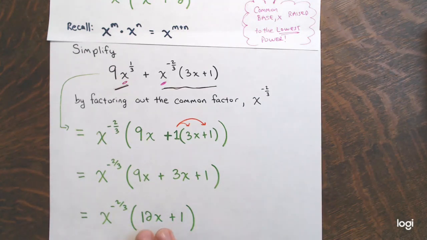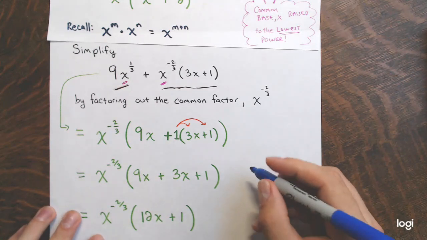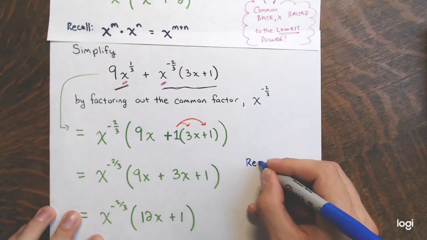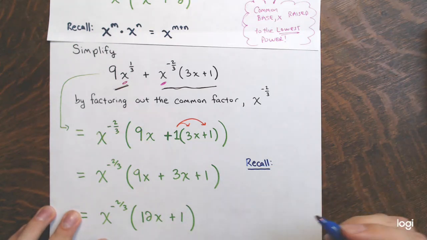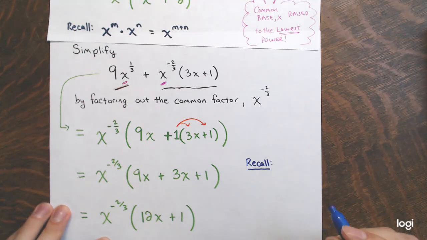I like this, but again though, in most intermediate or beginning algebra texts, when you're asked to simplify an expression with exponents, they're going to want you to rewrite things so that there's no negative exponents. So off to the side here, I'll put something you remember from a previous video of mine, or if you've seen it in your book or some other video.